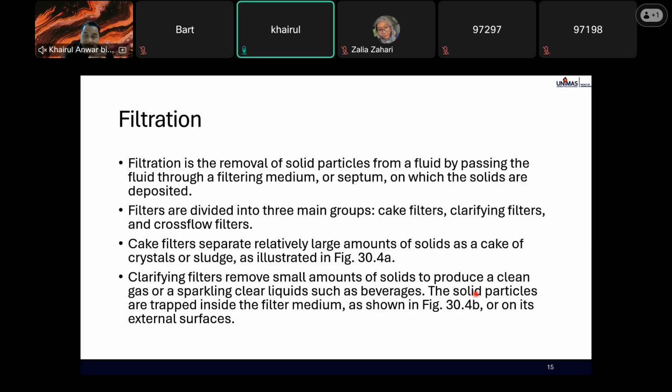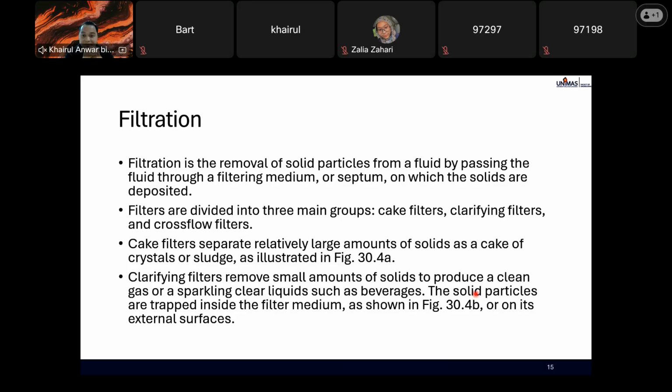The idea is similar to screening. Particles larger than the pores on the filter will not pass through, but those smaller than that size will pass through along with the liquid.